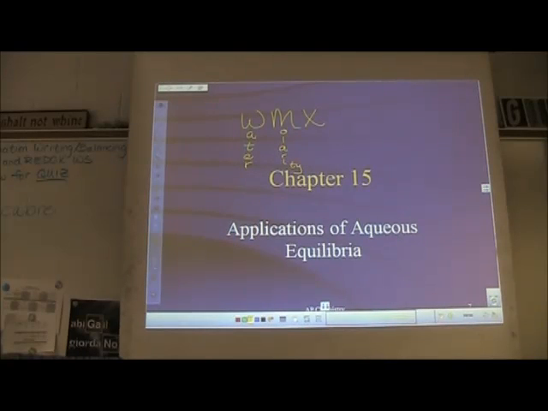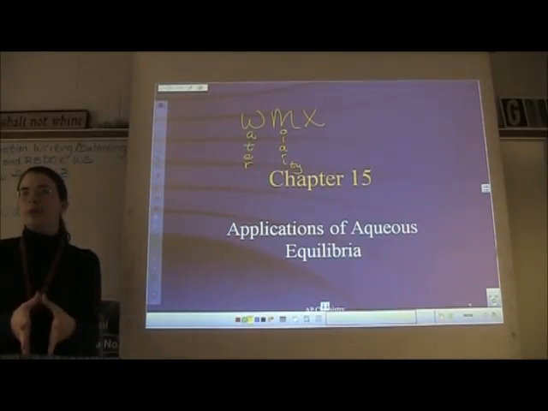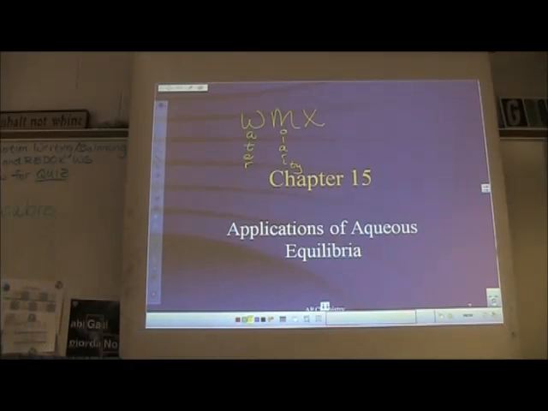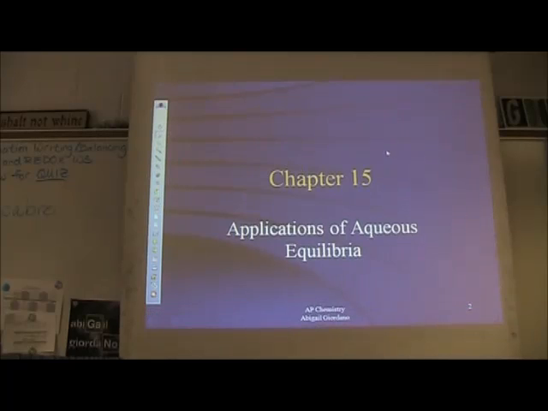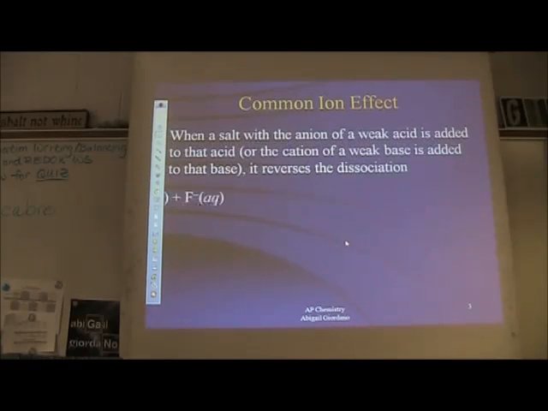One weak acid, one weak base, one salt. In 15, we're going to start to see multiple things thrown into one beaker at the same time. And you're asked to calculate the pH.